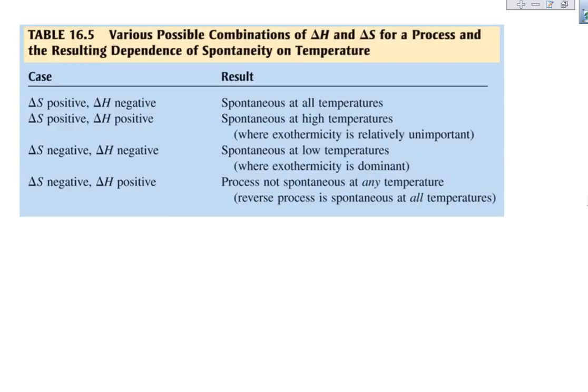And let's think about this in terms of that equation. Delta G equals delta H minus temperature times delta S. Okay, let's do the two constants all the time. We want a negative delta G for this thing to be spontaneous.